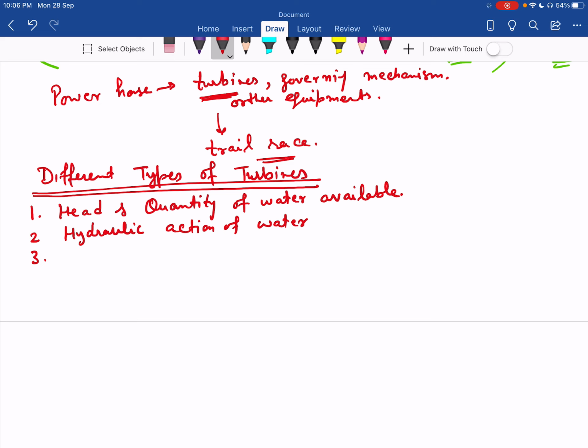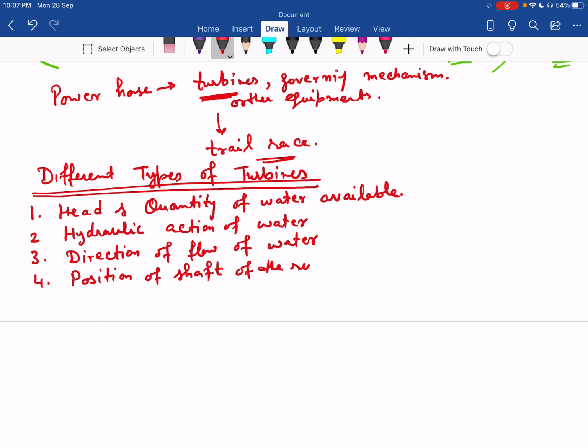Number three, direction of flow of water. Number four, position of shaft of the runner. And the last one is specific speed of the turbine. So on these five factors, we can classify the turbines.